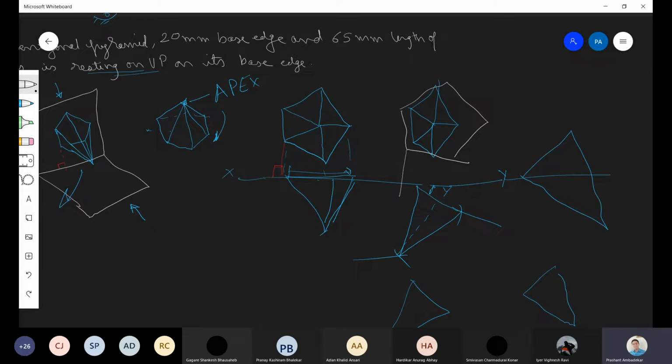So I have to draw it in such a way that this line should be vertical. Vertical in the sense it should be perpendicular to the XY line. So that's why I drew it like this. And then it will be inclined and we will do whatever is told in the question.